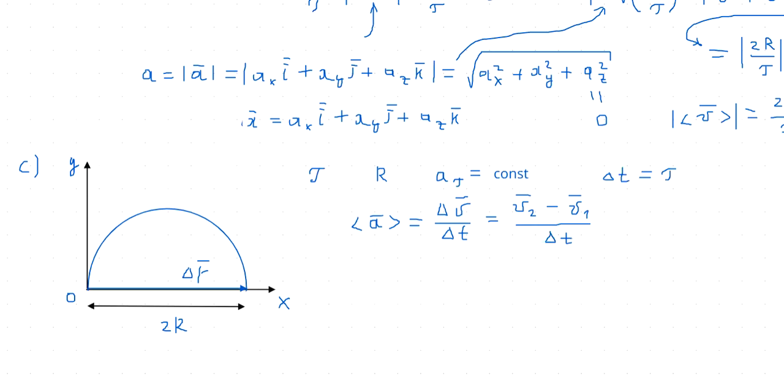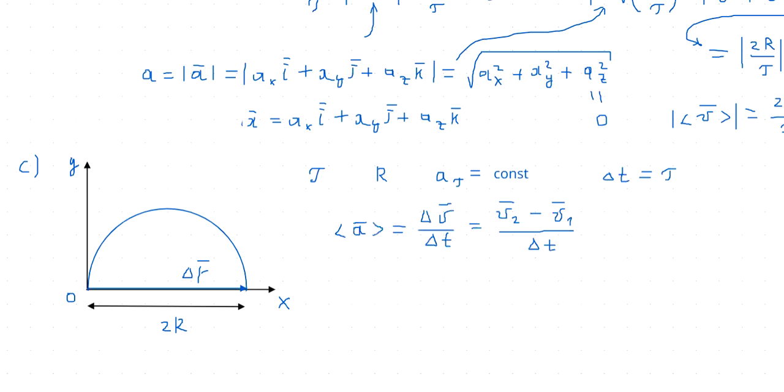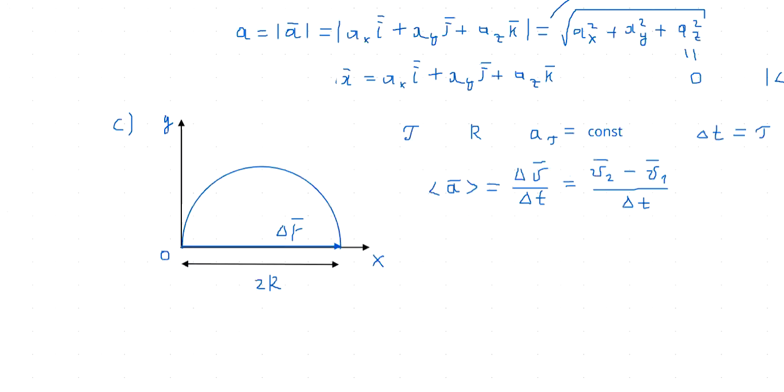Okay, and the next step is to show these final and initial velocities on our picture. How can we show these velocities on our picture? Maybe you have some ideas how to do this.